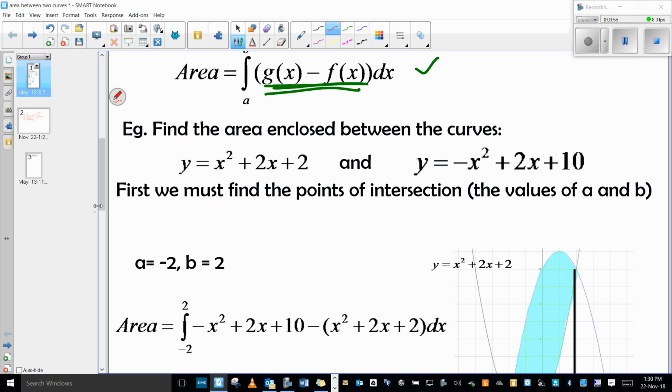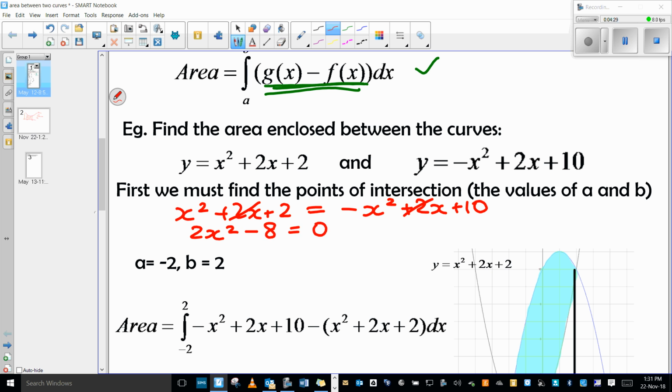So I would say that x squared plus 2x plus 2 is equal to negative x squared plus 2x plus 10. I've rearranged that. So I have 2x squared. Now I've got plus 2x on both sides, so actually they disappear. And then I've got 2 subtract 10, so that's negative 8.